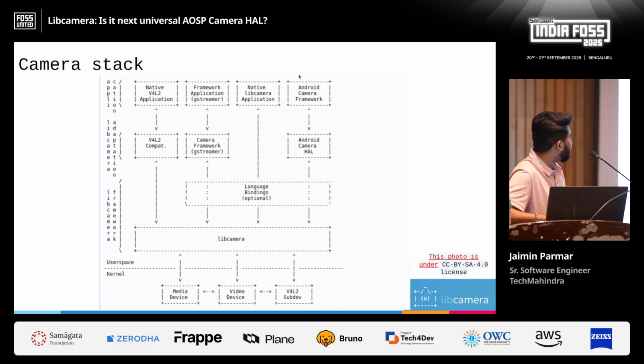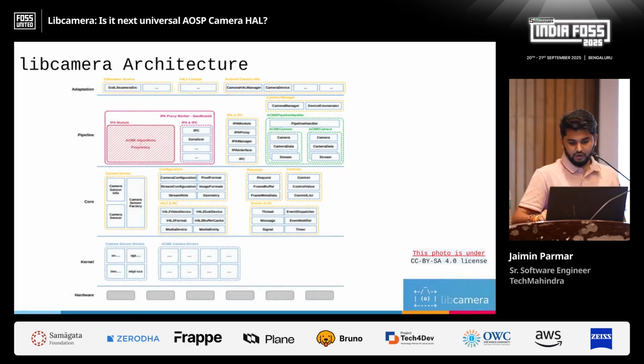In the Android camera framework, at the top we have the applications, and then it goes to the camera HAL, and this HAL will load Libcamera as a plugin, and Libcamera will take care of all your hardware specific kernel drivers. So let's deep dive a little into the Libcamera architecture.